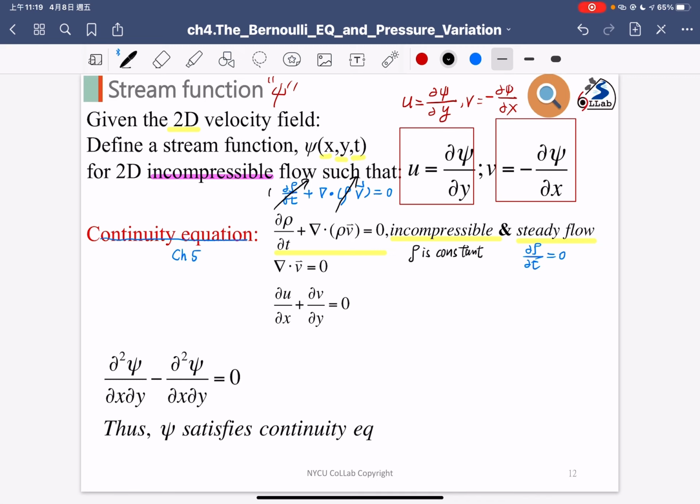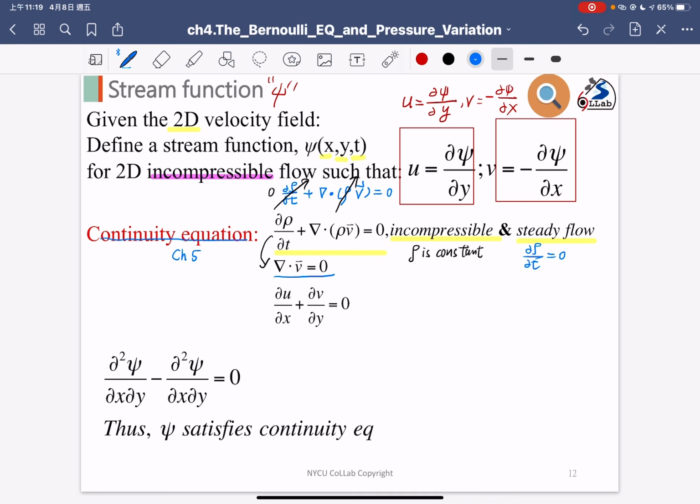Finally, the continuity equation goes down to a different formula shown here: the differential operator inner dot with the velocity field equals 0.